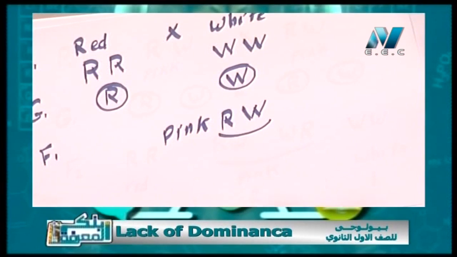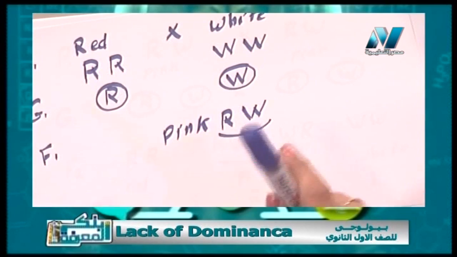So when we say the individual has the red flower, it should be pure red, or RR, and it's the same in the white colored flower. And if we say the flower is pink, it must be RW, gathering the 2 genes together. So each phenotype indicates the genotype.